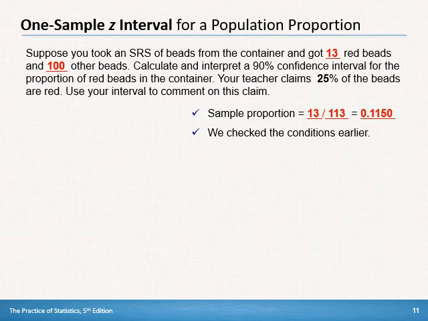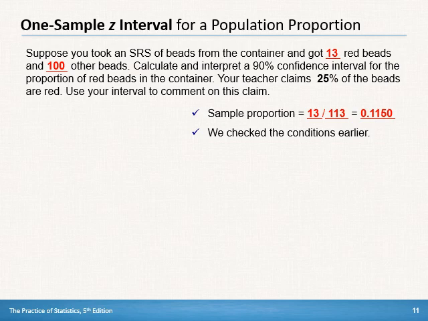And then the last one is that the large counts condition holds, that our expected number of successes and failures, the expected number of red beads and the expected number of non-red beads in our sample, are large enough. Normally we would look at n times p and n times 1 minus p, but here, of course, we have to do n times p hat and n times 1 minus p hat.